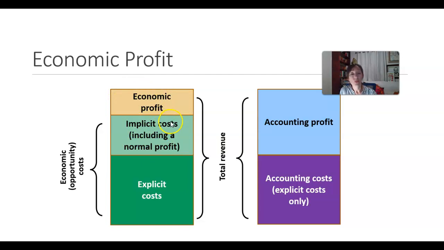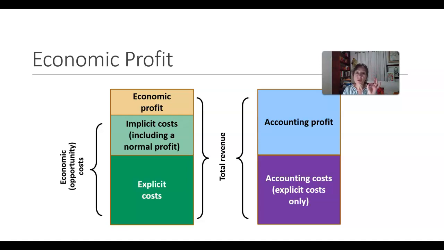Okay, so let's backtrack a little bit. What is a normal profit? So you will remember from the very beginning of the course, we talked about our 4 key resources. So what are they? They're land, labor, capital, and entrepreneurship. Okay.